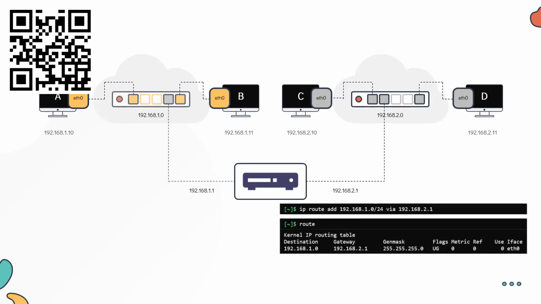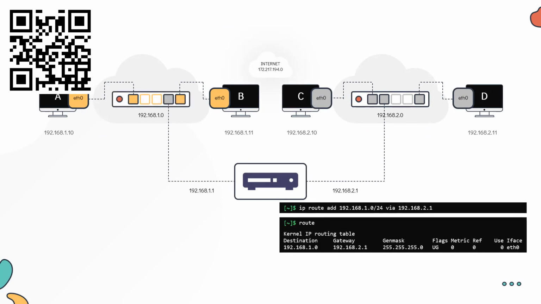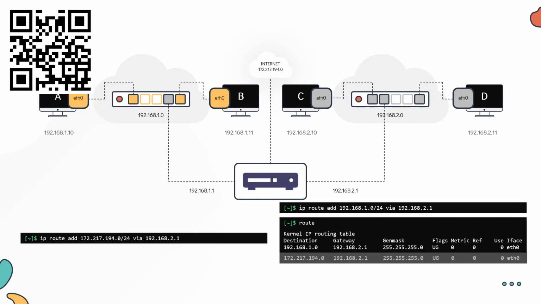Now suppose these systems need access to the internet. Say they need access to Google at the 172.217.194.0 network on the internet, so you connect the router to the internet, and then add a new route in your routing table to route all traffic to the network 172.217.194 through your router.